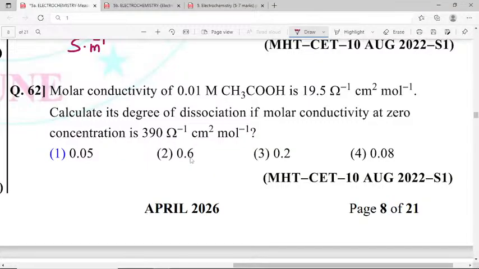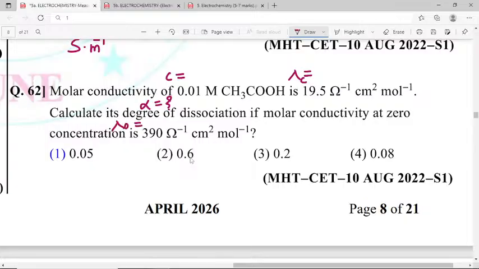Molar conductivity of 0.1 molar. So concentration is given, molar conductivity is also given. Calculate the degree of dissociation. Alpha we have to calculate. If molar conductivity at 0 concentration, and at a given concentration, so lambda C and this is the lambda naught. Okay. So alpha is equal to, very easy, alpha is equal to lambda C divided by lambda naught.